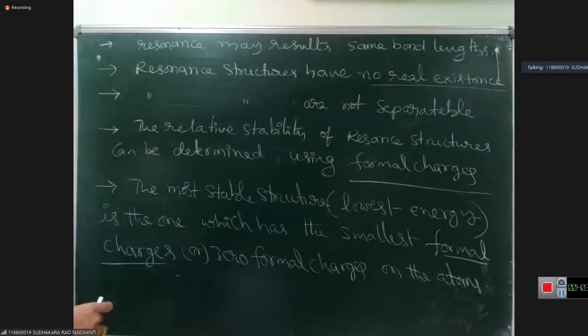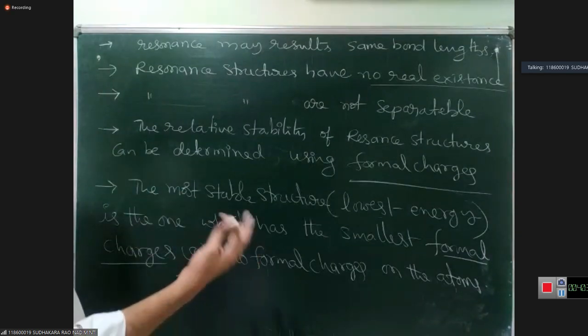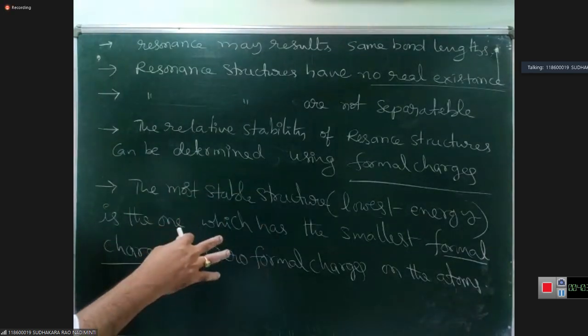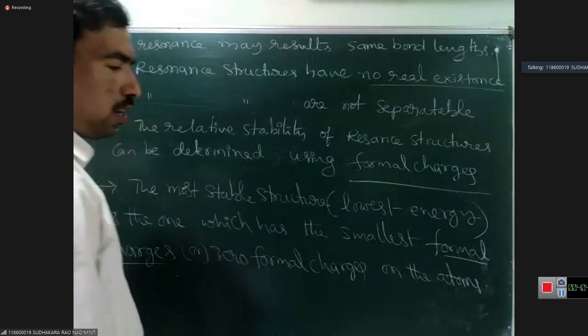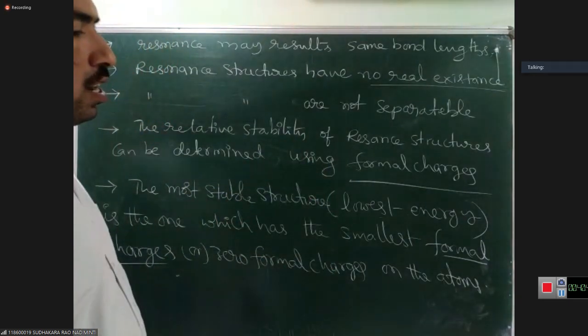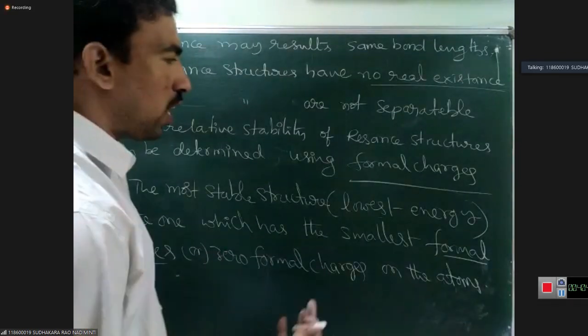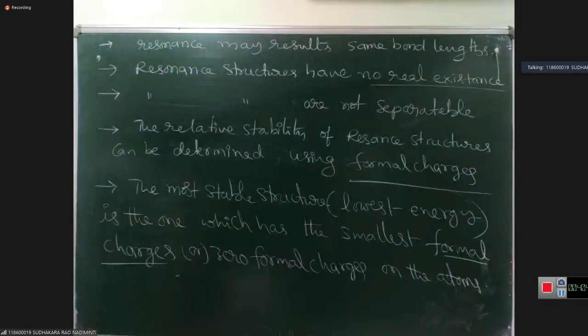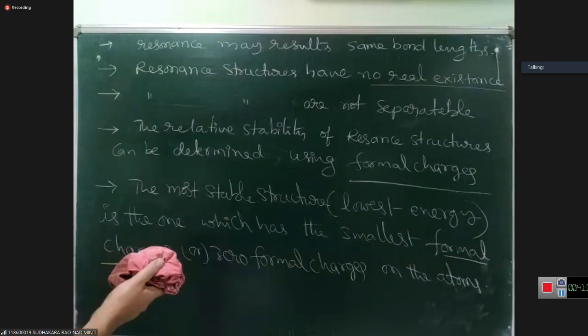Assign the formal charges among all the resonance structures. Which resonance structure is more stable? The more stable structure will contribute more to the resonance hybrid.